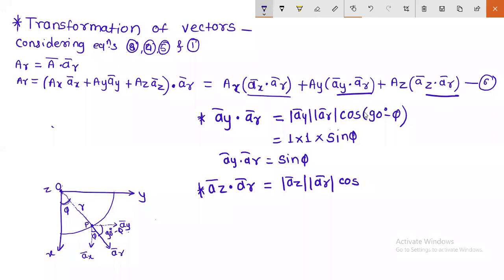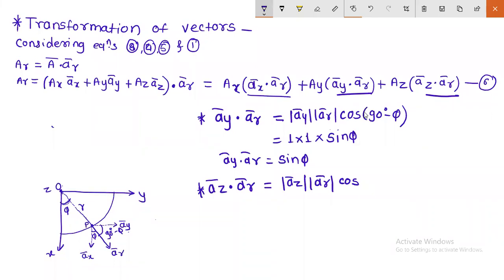90 plus phi? No. Why is it phi? How will the angle be 0?